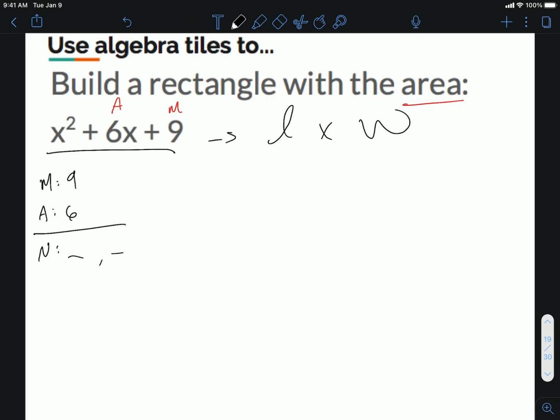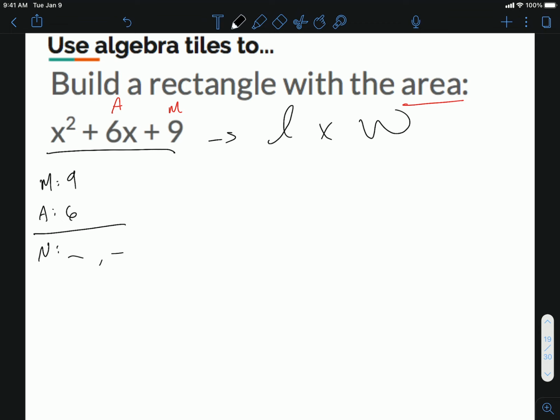So if I built it, there's your x, 1, 2, 3, okay? And then there's your x, I'll go across the top, x, 1, 2, 3. Okay, so the length and width, you know what the answer is now, right?